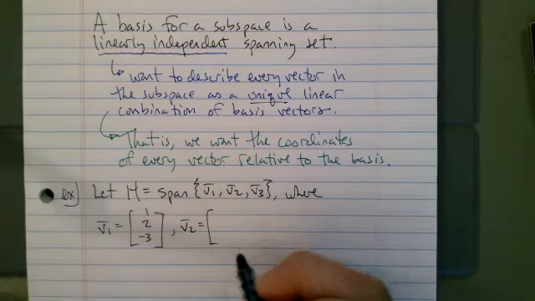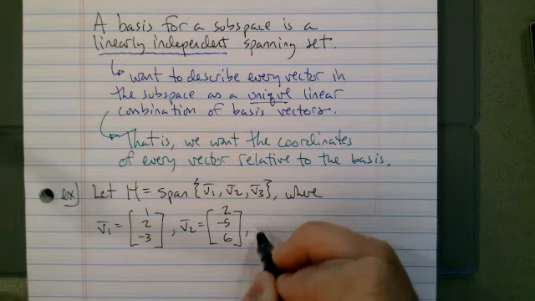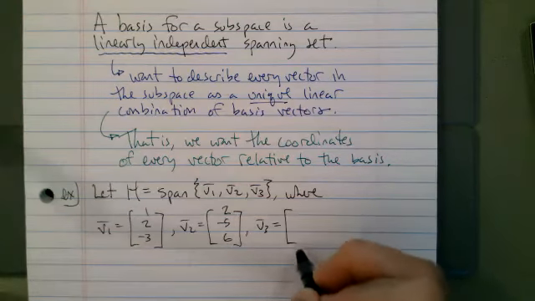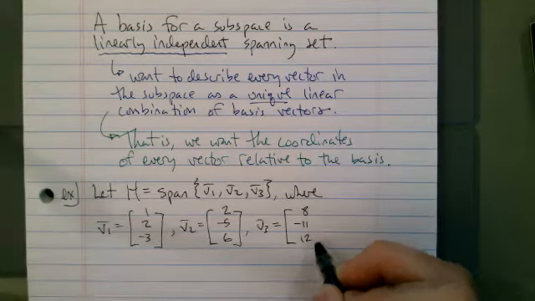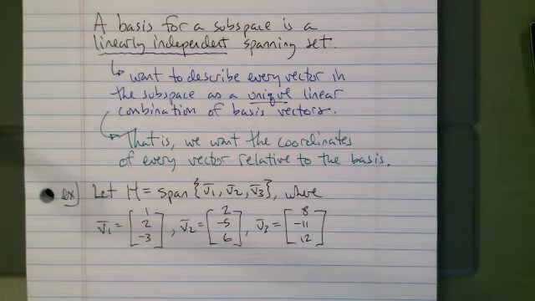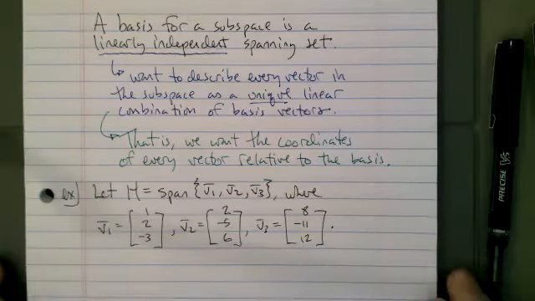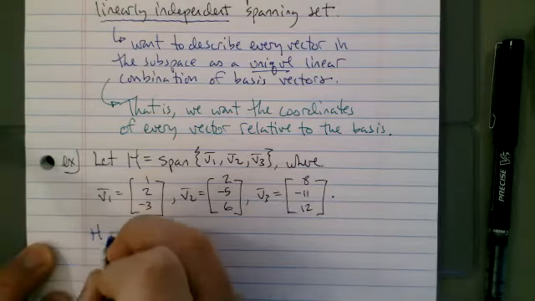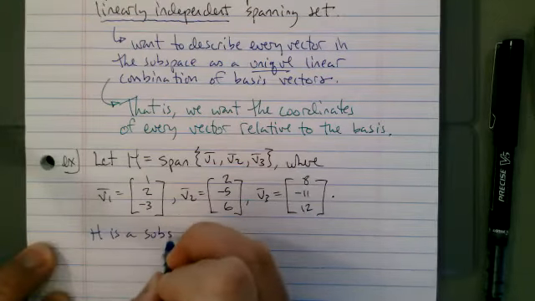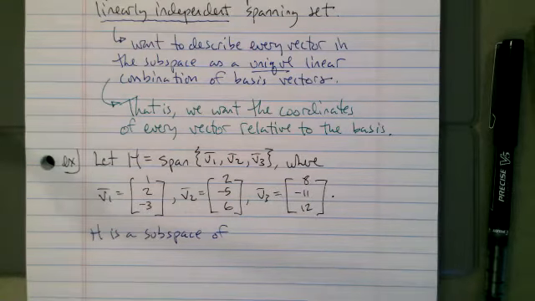V2 is the vector 2, negative 5, 6. And V3 is the vector 8, negative 11, 12. So H is a subspace because H is the span of a set of vectors. What is H a subspace of? Where do all these vectors live?